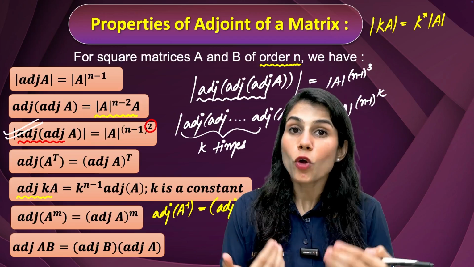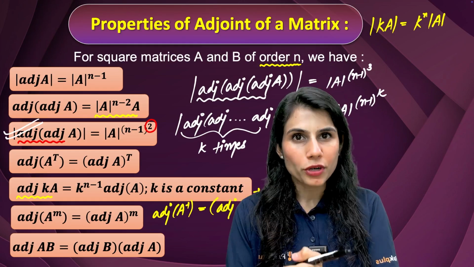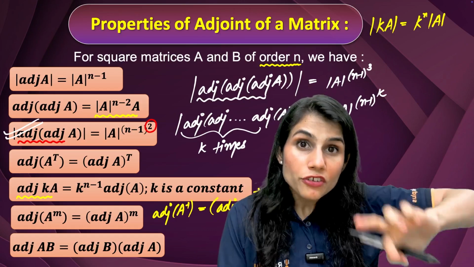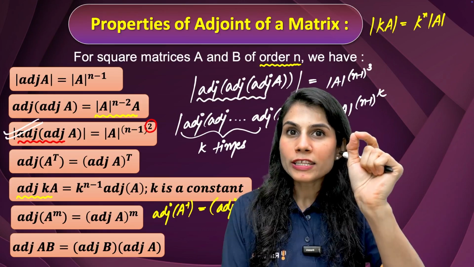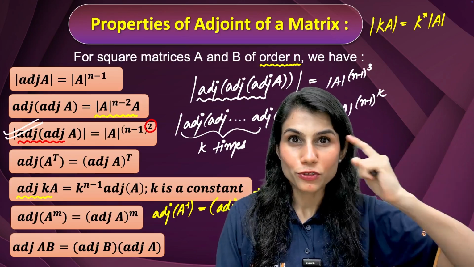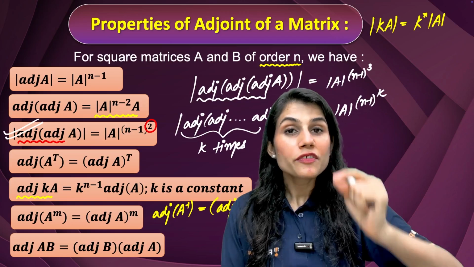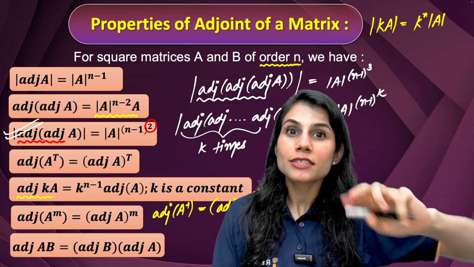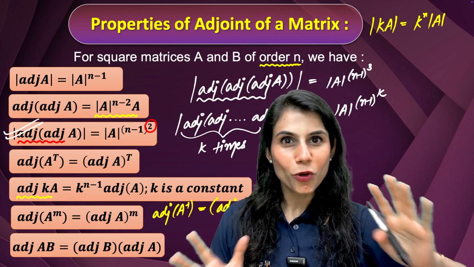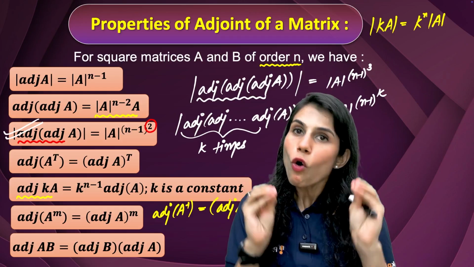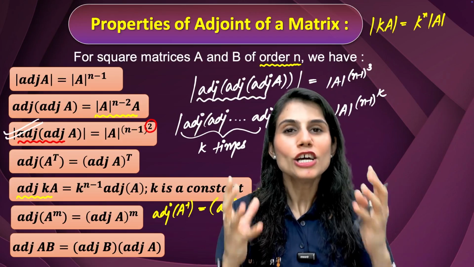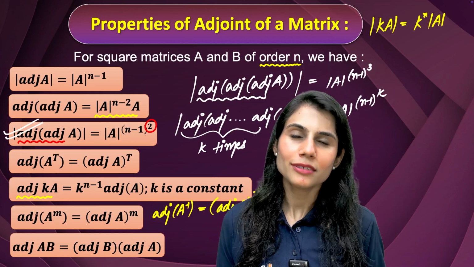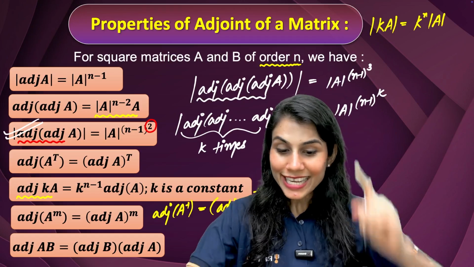Just like the reversal law of transpose: transpose of a product is the product of transposes taken in reverse order. AB transpose is B transpose into A transpose. Remember? Similarly, we have the reversal law of inverse: AB inverse is B inverse A inverse. I am just making you recall all the associated properties so that you can remember these very easily. Alrighty, that's it, people.